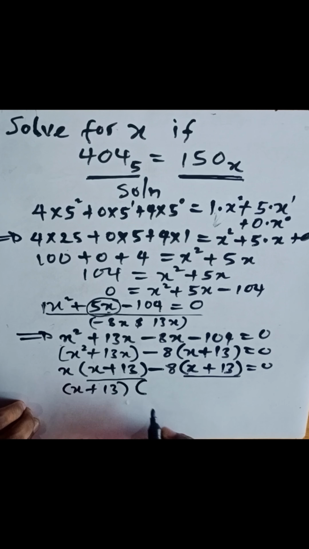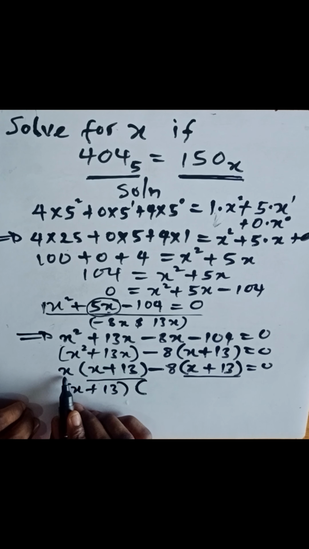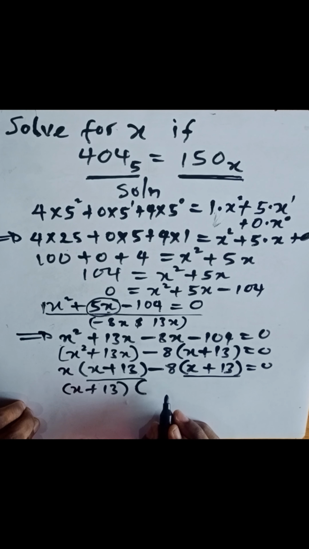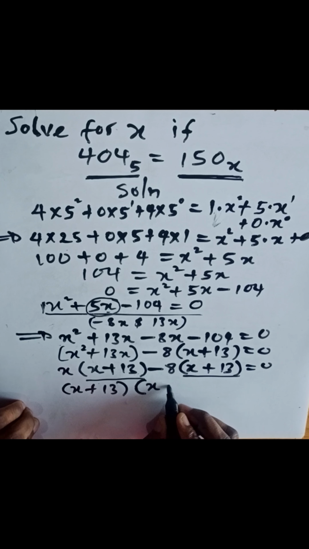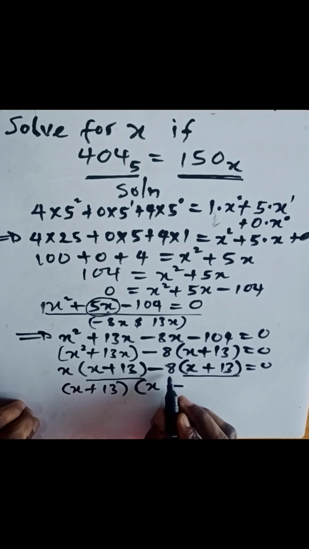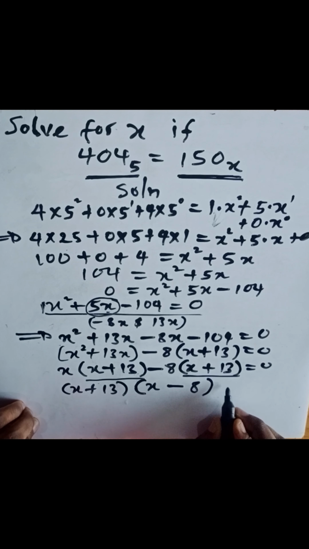So in bracket, x plus 13, close bracket, divided by x plus 13 will give you x. Minus 8 in bracket x plus 13 close bracket divided by x plus 13, this will cancel out. What will remain is 8. We close it, equals 0.